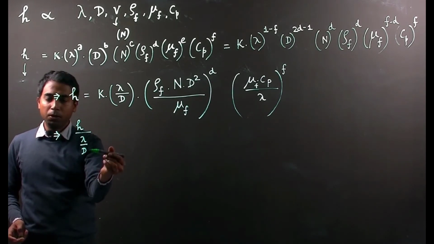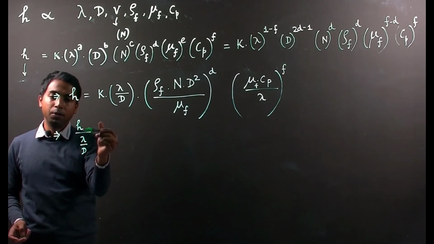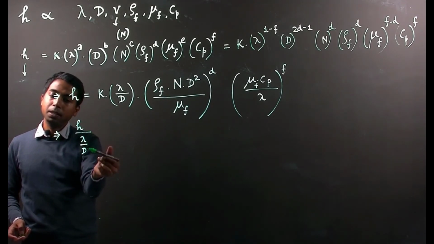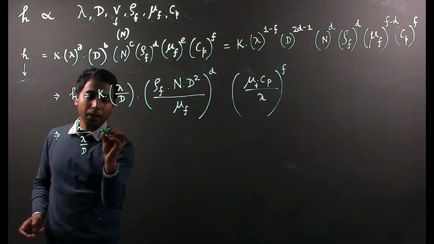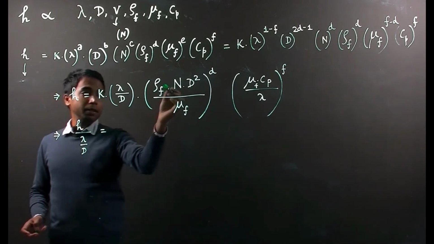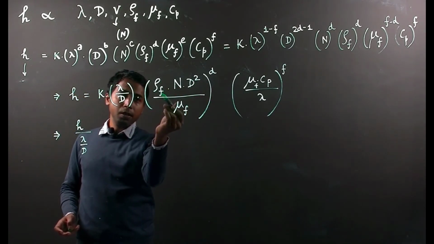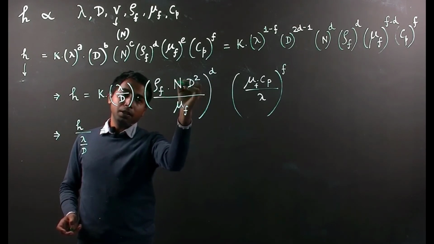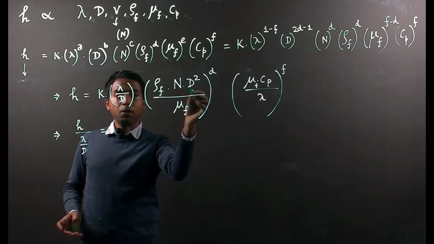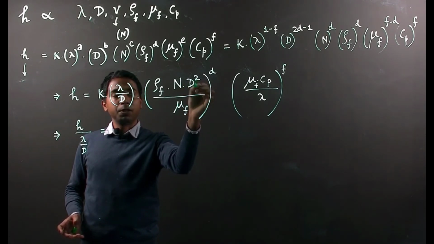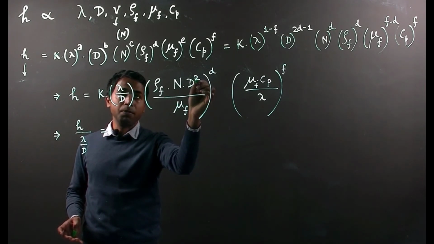This ratio looks familiar to you because this is the definition of Nusselt number, the convective heat transfer divided by the conductive heat transfer. On the right hand side, this term is again familiar to you: the density times, in this case, the rotation speed of your stirrer times the characteristic dimension of your system squared.